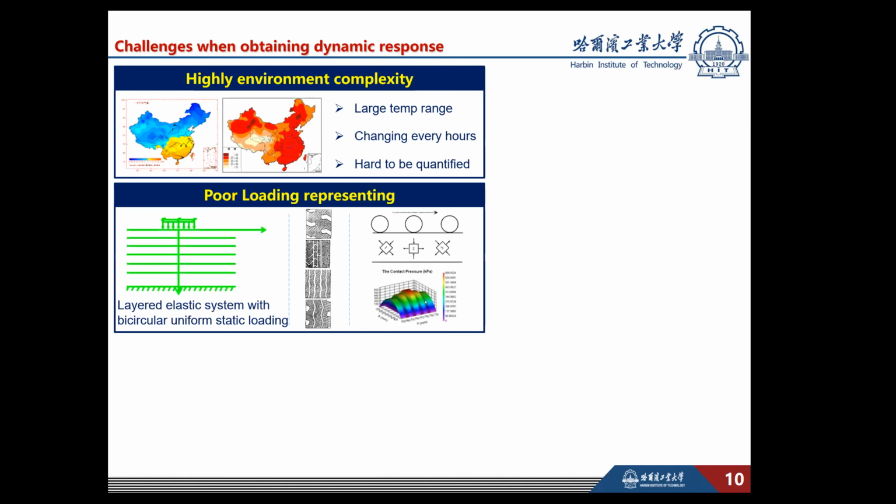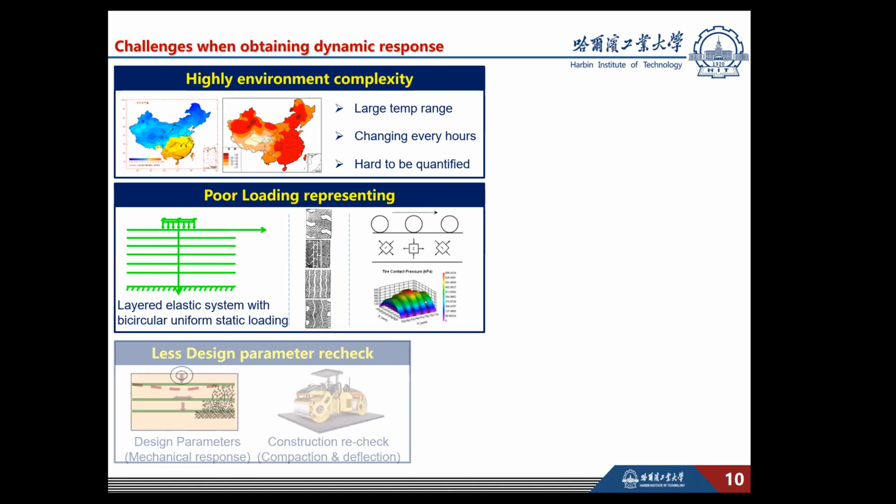The second is poor loading representing. The real traffic vehicle load is insufficient to be simplified with uniform static loading. The structure design parameters are seldom rechecked during or after construction except deflection.